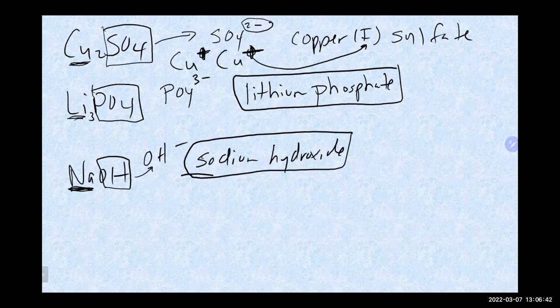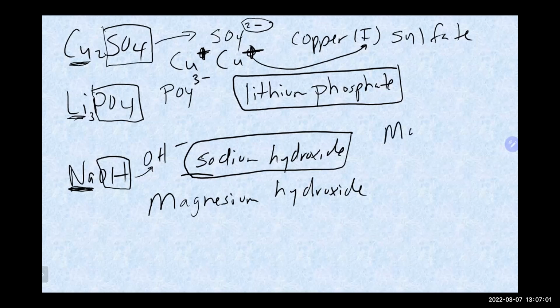Now, if I had, say, magnesium hydroxide, and I wanted to write the formula for magnesium hydroxide, magnesium is group number 2, which means it has a +2 charge. Hydroxide, as I wrote up here, is -1.